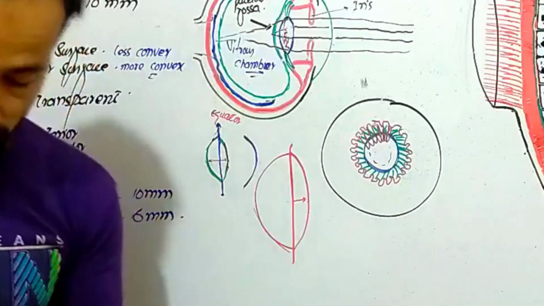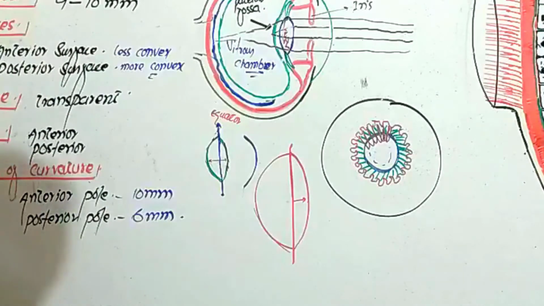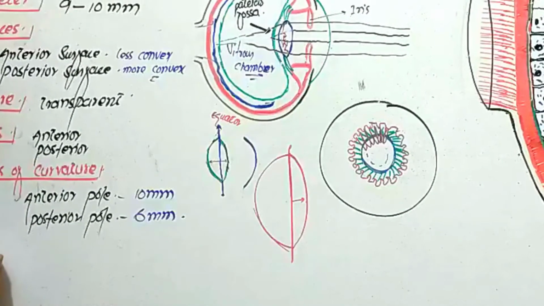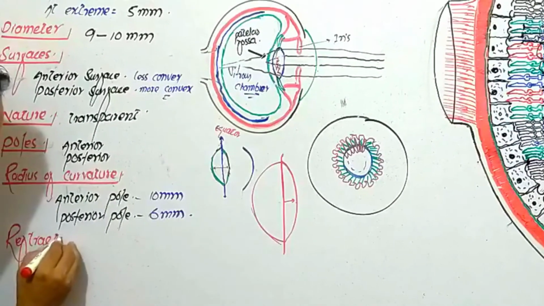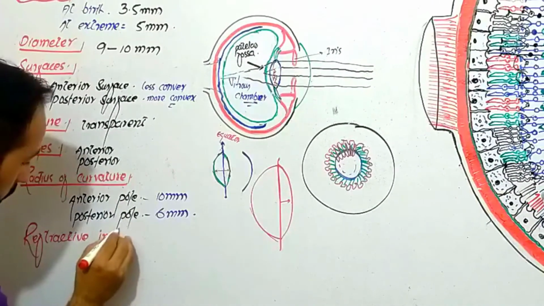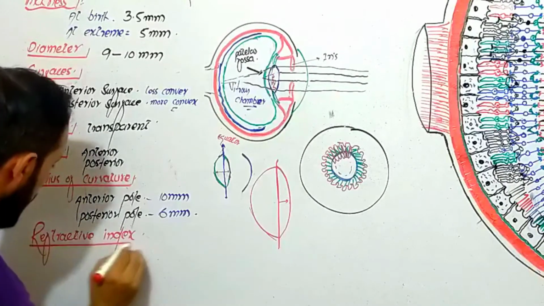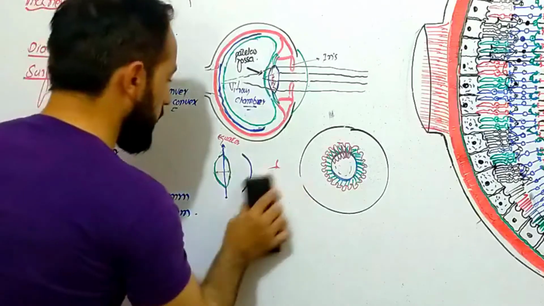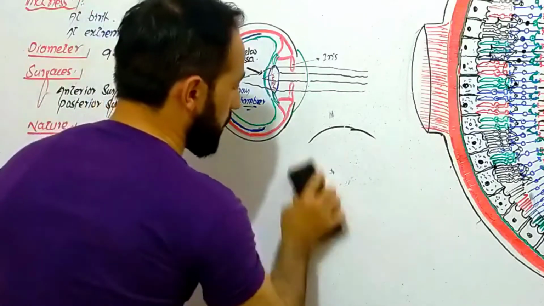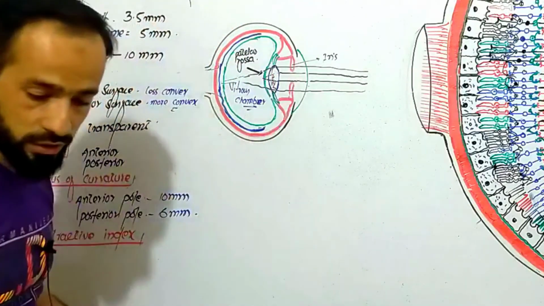The next point about the lens is the refractive index. What is the refractive index of a normal human eye lens? We should first of all know what refractive index is.